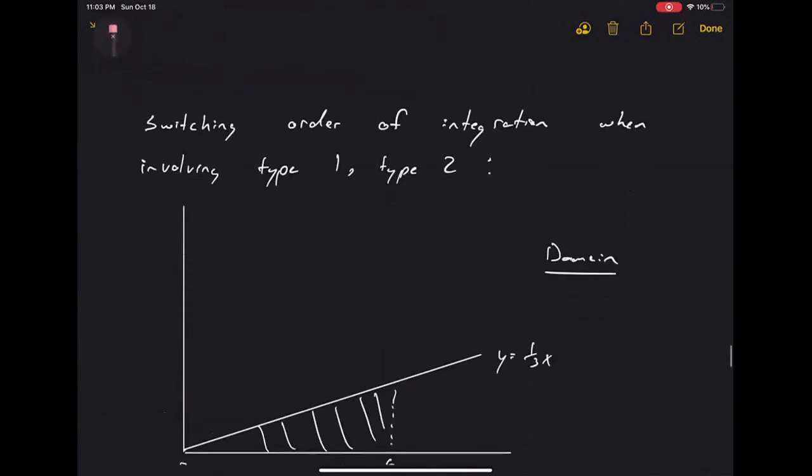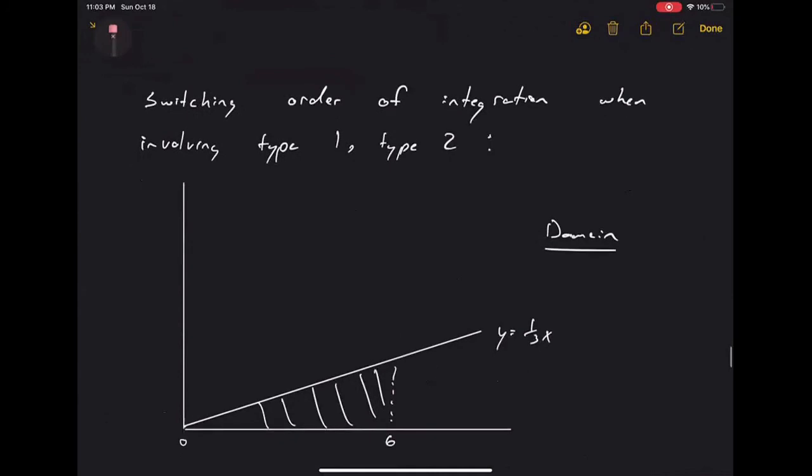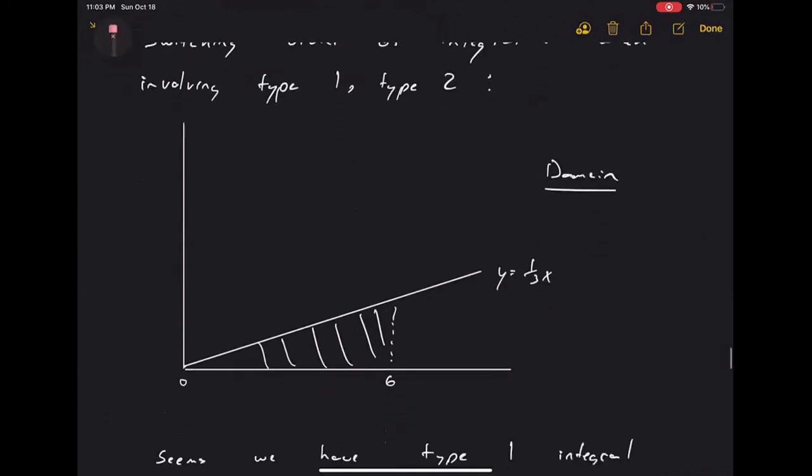Okay, so let's say we're given this. We could think of this as a type 1 integral, where our y bounds are written as functions. So we would have y equals 1/3 x, and y equals 0. We could also think of this as a type 2 integral.